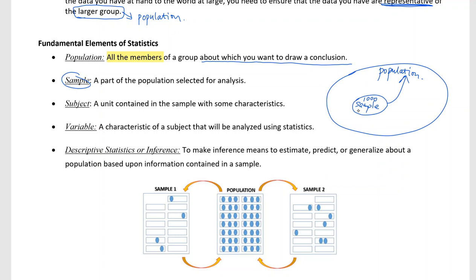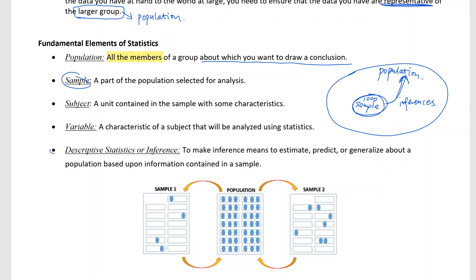Then we analyze this sample to make the conclusion about the population. All right, so actually this process is called making inferences about the population. We'll talk about it in the last one.